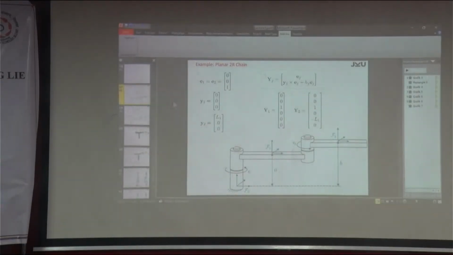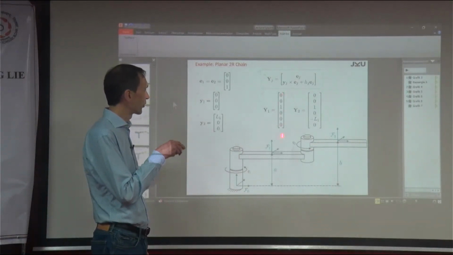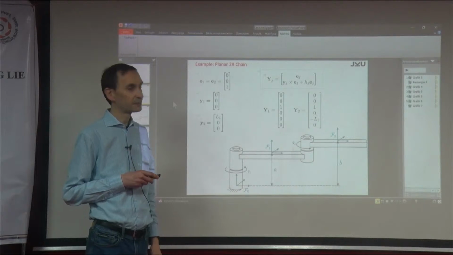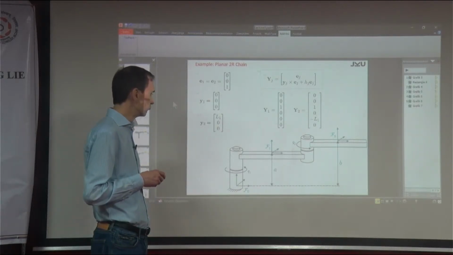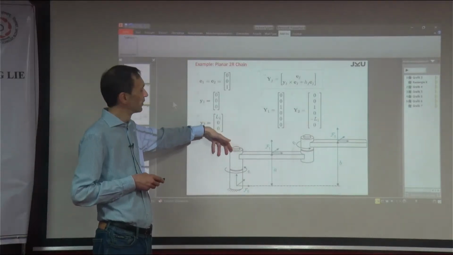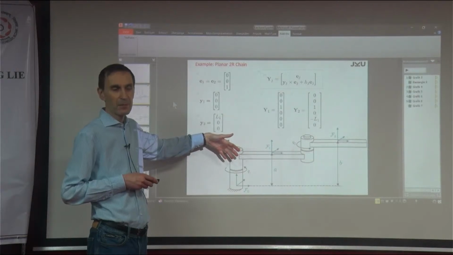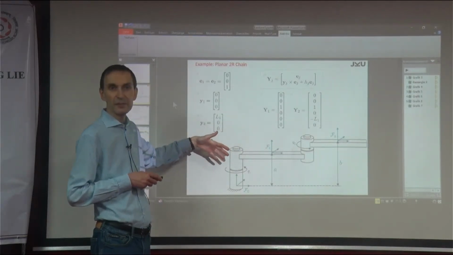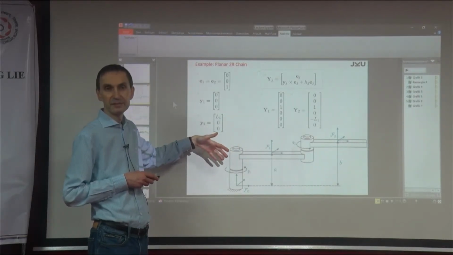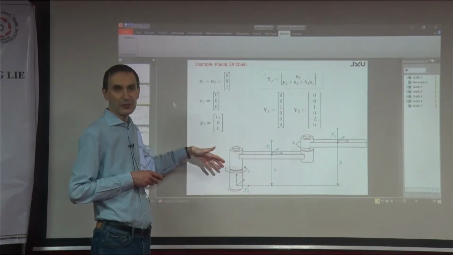Does it make sense? So what I'm saying is that we get out the pure rotation when we plug in this first screw coordinate vector. But F1 is here, so if you turn this one, then F would also have a translation, right? But why is it not giving us the translation? Because this is not what it's describing.